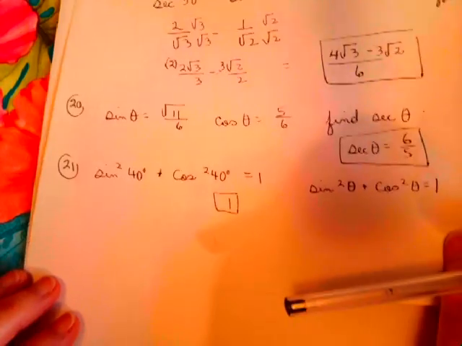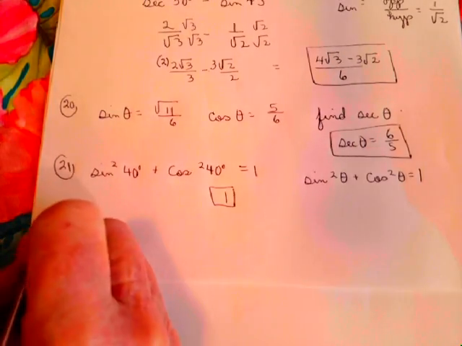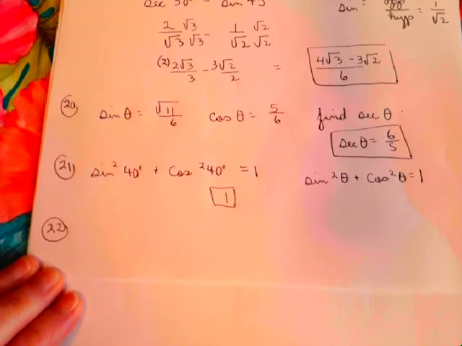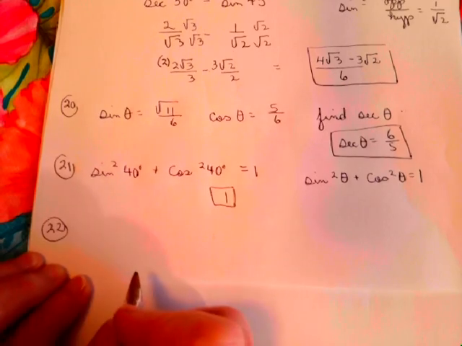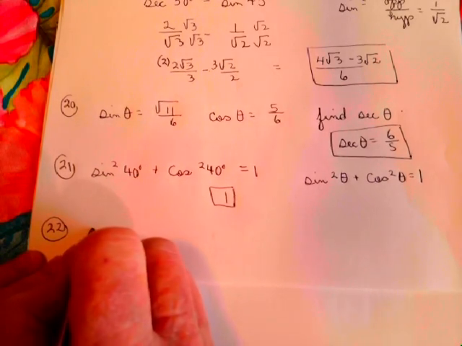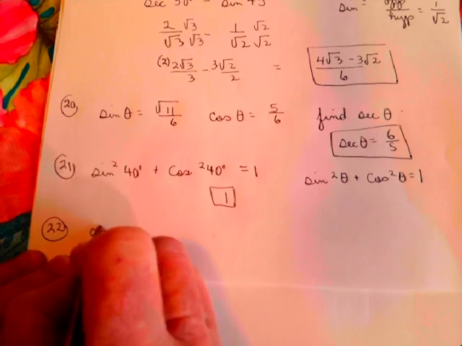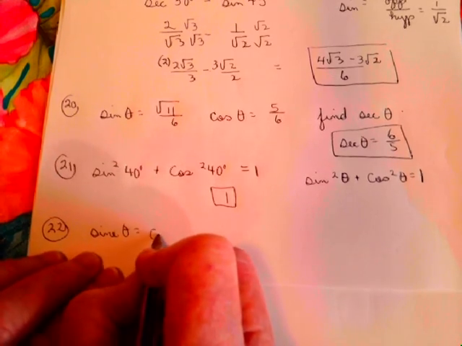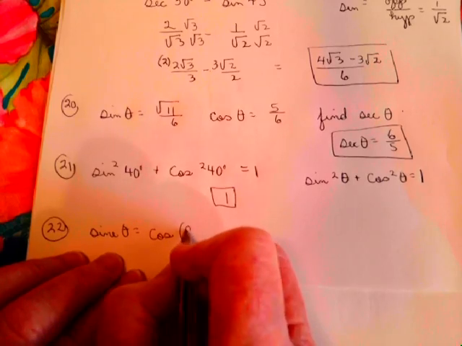Number 22. Find a cofunction with the same value as the given expression. Remember that we said sine of theta equals the cosine of 90 minus theta.